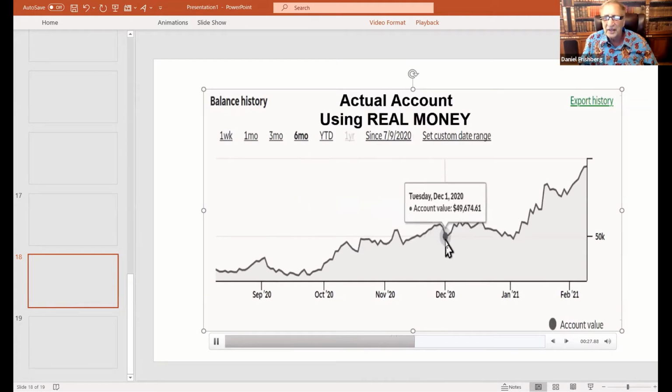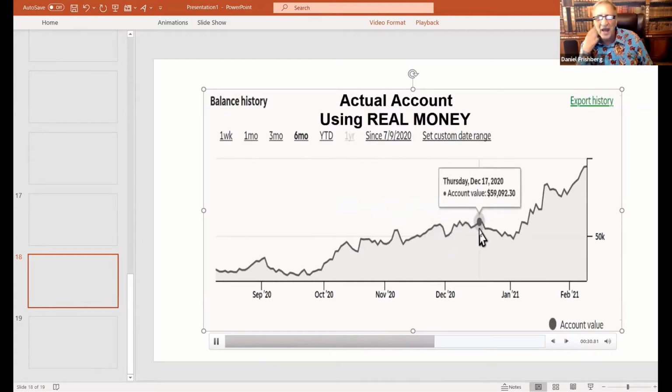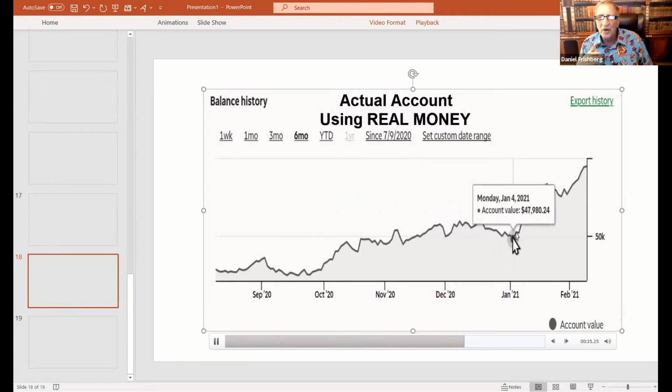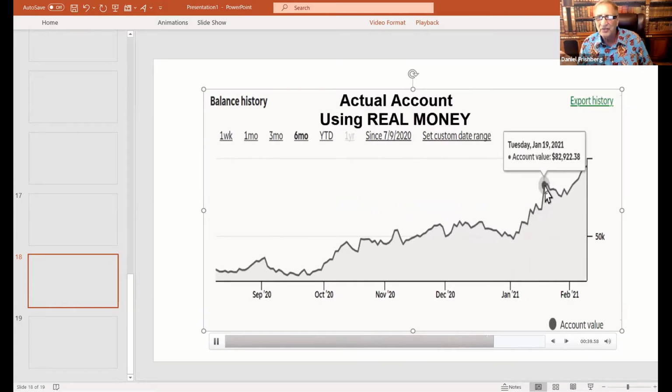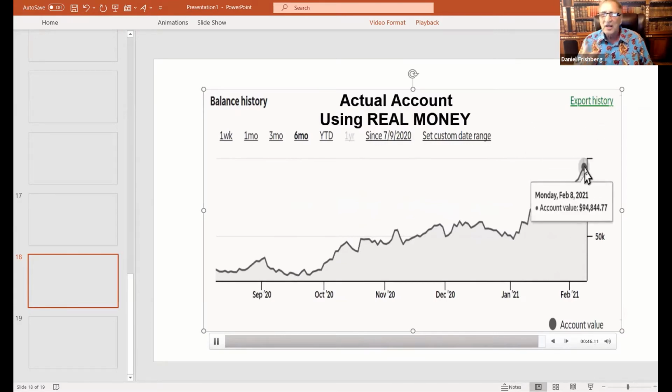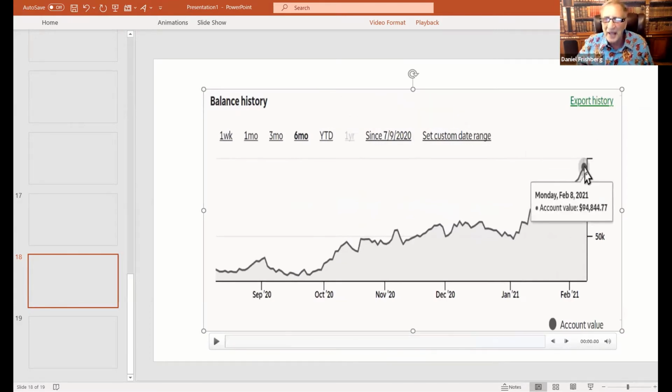And I just want to show you, you see that it does go down. And if you are worried about trying to have it always going up, you're going to be frustrated, and it makes you feel you're doing something wrong. In no case were we doing anything wrong. Now that I stopped it on February 8th at 94, it is now 112.